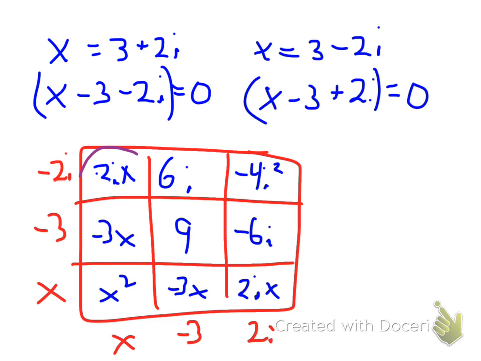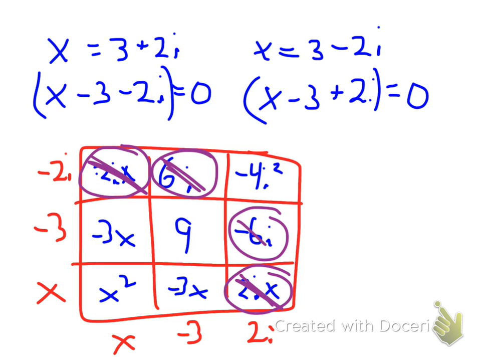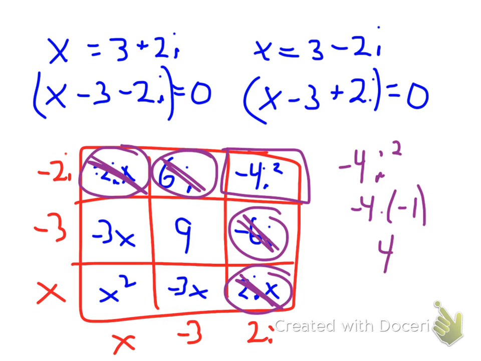If we take a look at a couple of these, that one is a negative 2ix, and this is a positive 2ix. Those will make 0. And same with the 6i and negative 6i. Those will make a 0, so they zero out. This top box now is a negative 4 i squared. Since i squared is negative 1, it's a negative 4 times a negative 1, which equals a positive 4.